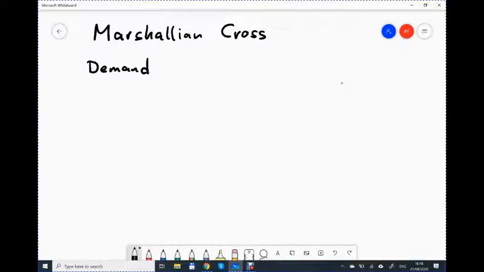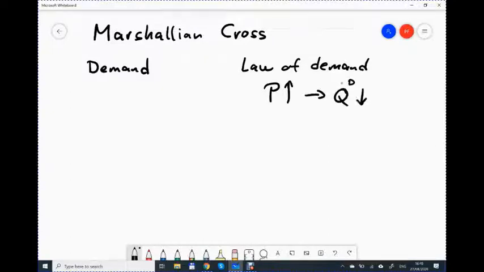Instead, we are just going to simplify the issue into something which is referred to in your textbook as the law of demand. And the law of demand just simply says that if the price of a good increases, then the quantity demanded of that good should reduce.